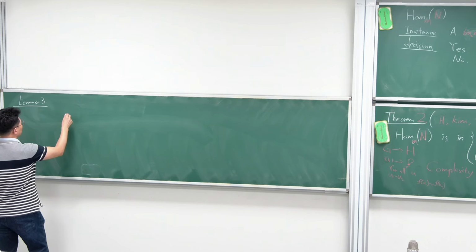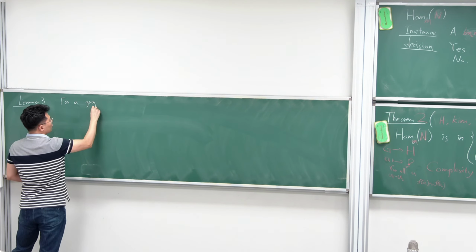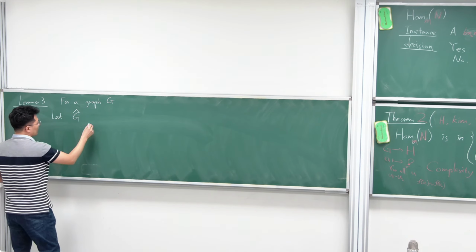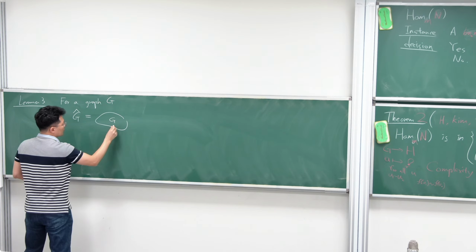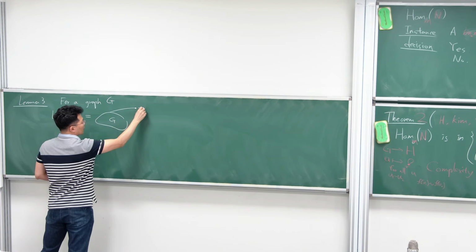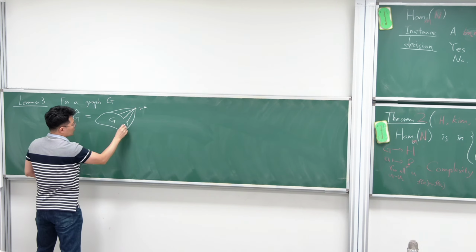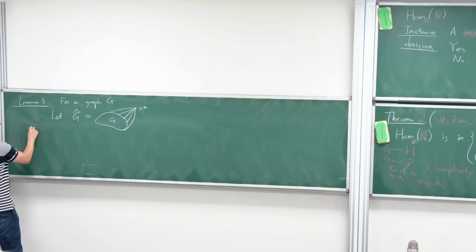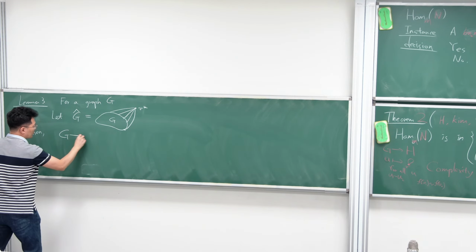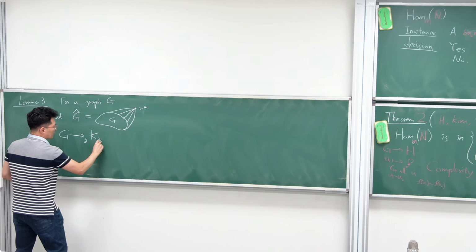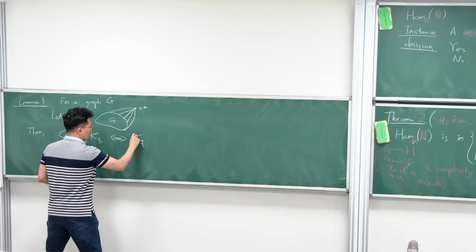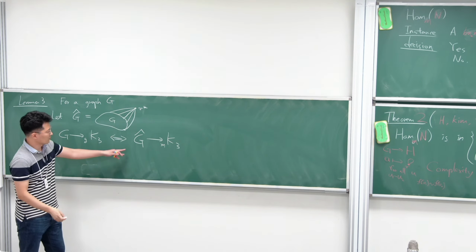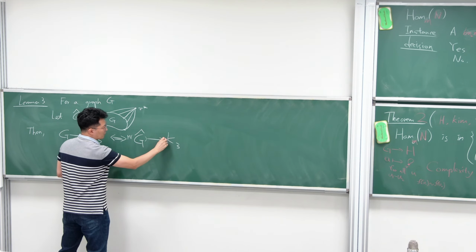So this is the key idea. For a graph G, define G hat to be a graph obtained from G by adding a vertex V star and drawing an edge from V star to every vertex in G. So it should be the matroid of G hat and the matroid of K3.